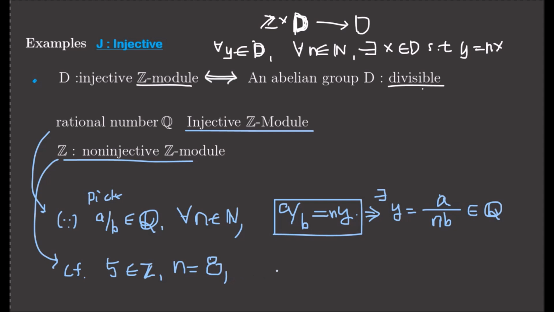Then our claim is to find y in Z such that 5 is equal to 8 times y, but y is a rational number, not an integer. So the integers are a non-injective Z-module.